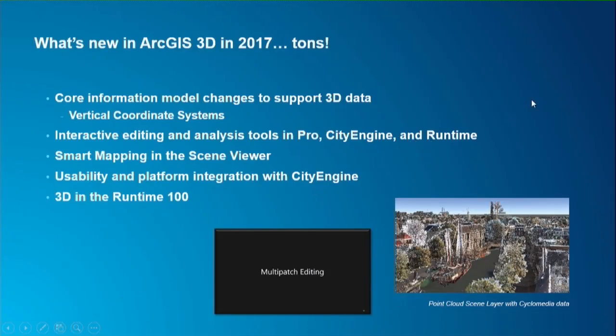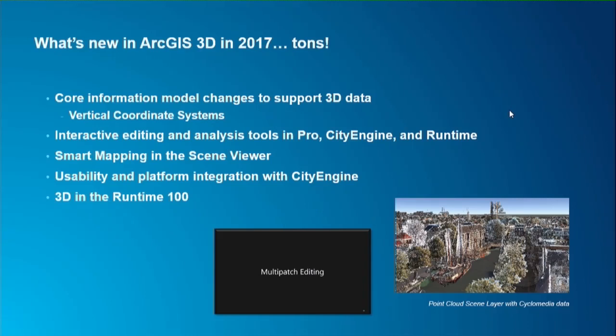All right. In 2017, just to touch on things, I could not list all the things we did in one slide, but we are making changes to the core information model, including we're the first GIS platform, open source or otherwise, to have a vertical coordinate system definition.